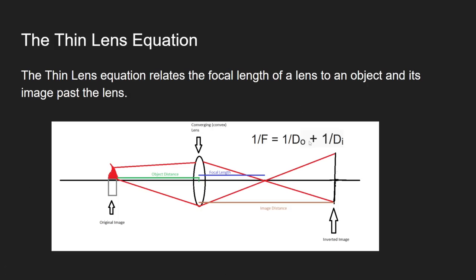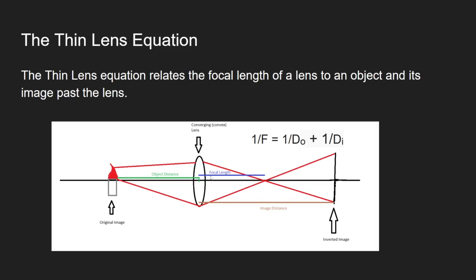The equation for this is 1 over f is equal to 1 over the distance of the object plus 1 over the distance of the image. f stands for the focal length, which you can derive by measuring yourself. The distance of the object is this distance here from the original object to the center of the lens, plus 1 over the distance of the image, which is the image to the center of the lens right here.